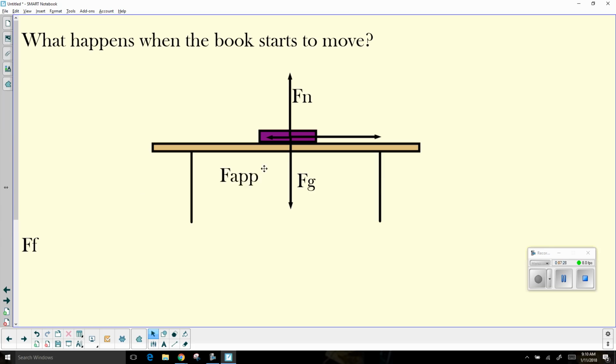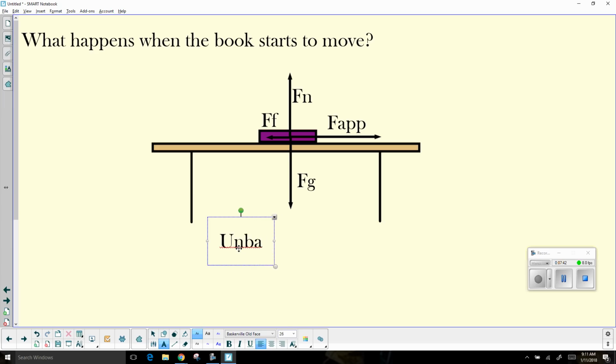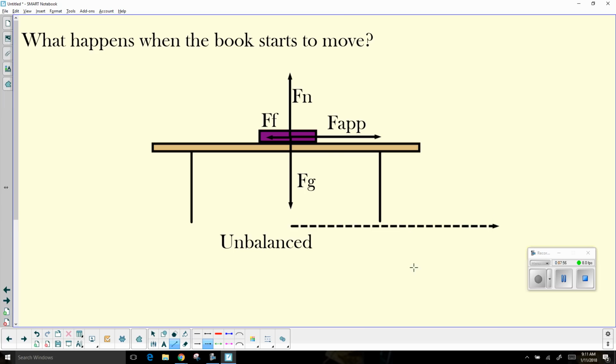Let's label these things. Here's applied force. Here's frictional force. And now this is an unbalanced free body diagram, and that is due to the fact that the applied force is greater than the frictional force, and so the book's overall motion, which we'll depict with a dashed vector, is moving this way.